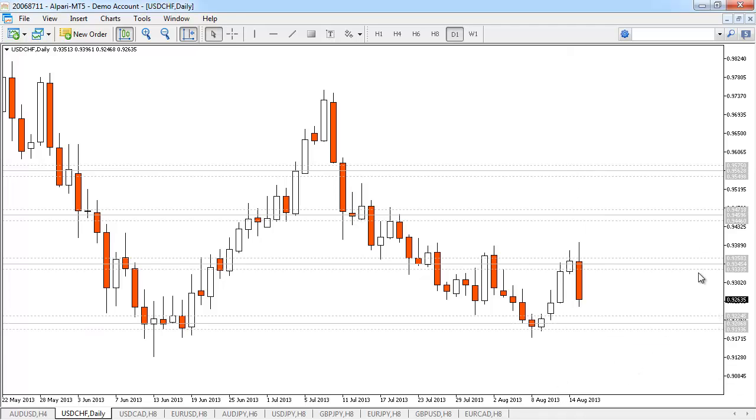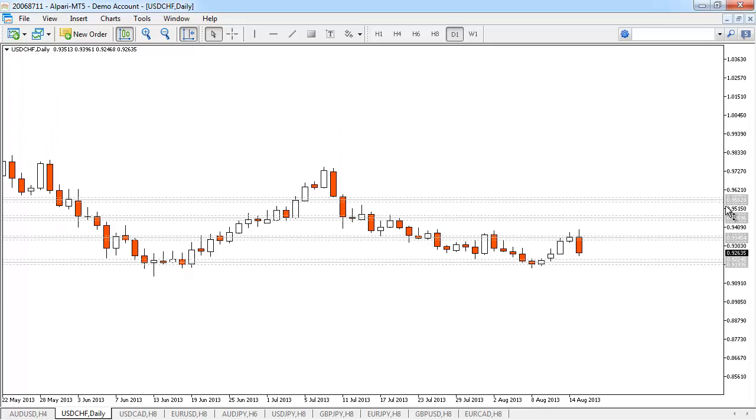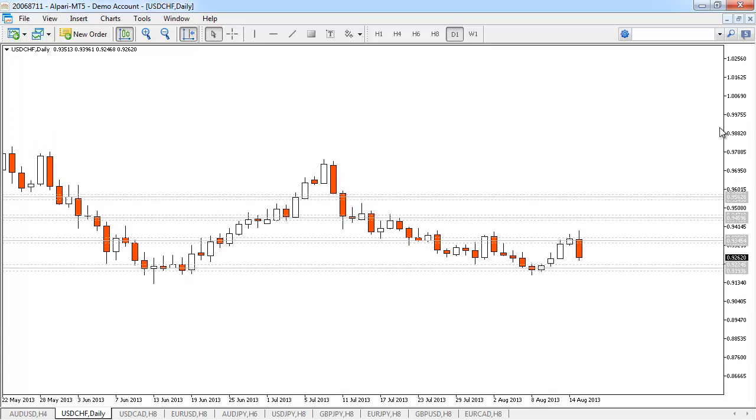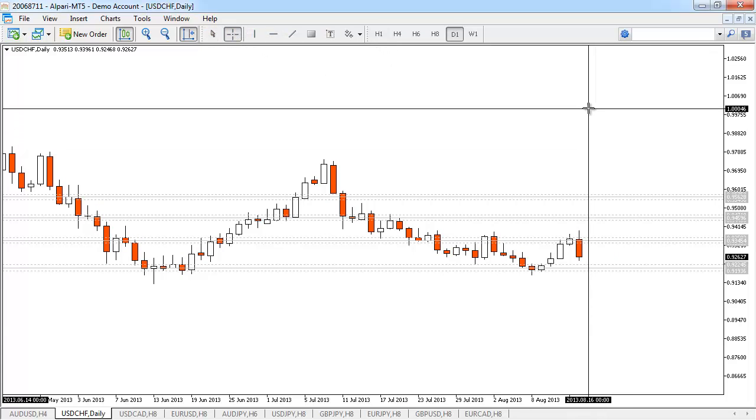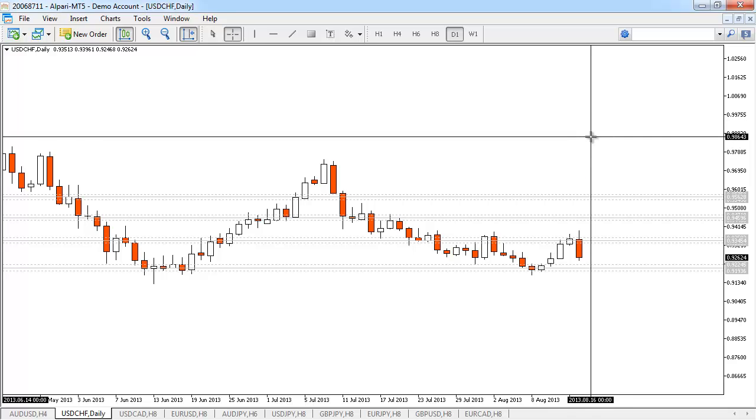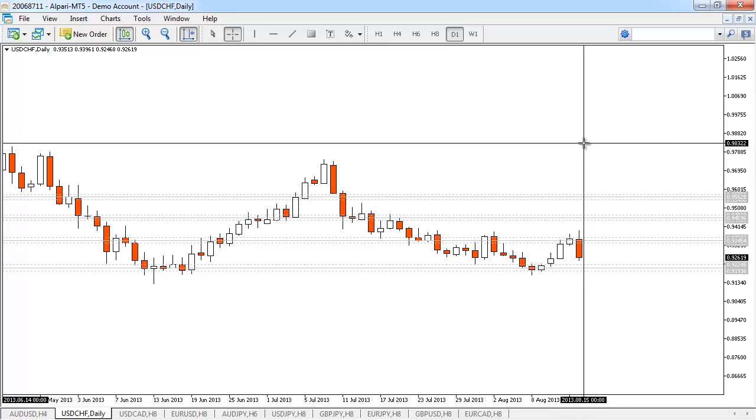And usually the bigger the rounded number, the more the support resistance at that level. So for example, the biggest one on this USD CHF chart would be right here at the 1.0000. I can't get it exactly, but the 1.0000, that's an extremely strong psychological level. But there are smaller psychological levels, and you're generally just looking for the zeros or looking for the 50s.